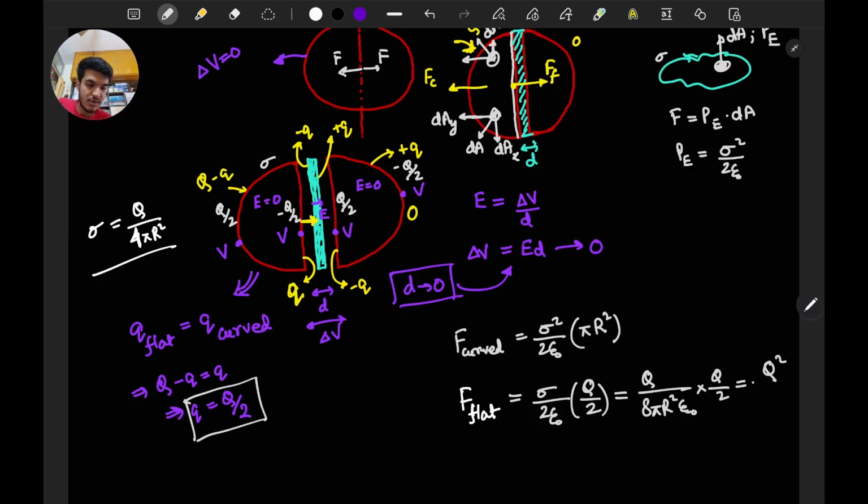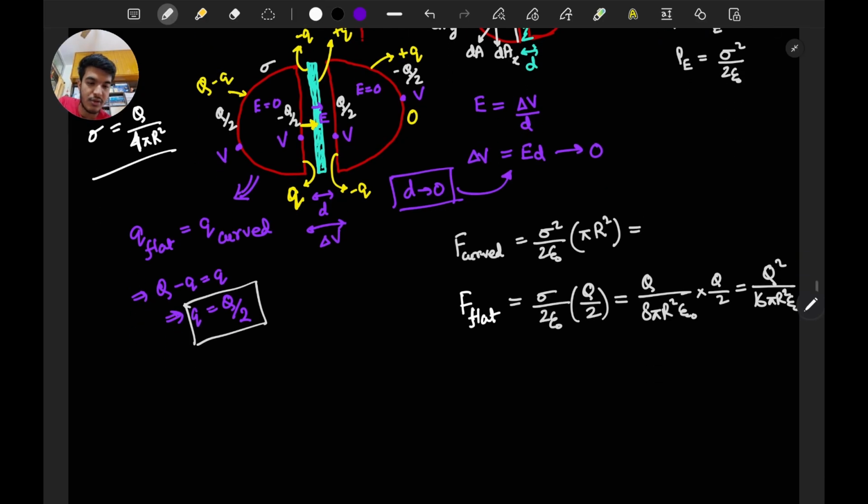So it is q square by 16 pi r square epsilon naught, my flat surface. And for this I can easily find out that it is q square by 4 pi r square 16, so 32 pi r square epsilon naught. You can easily find this out.